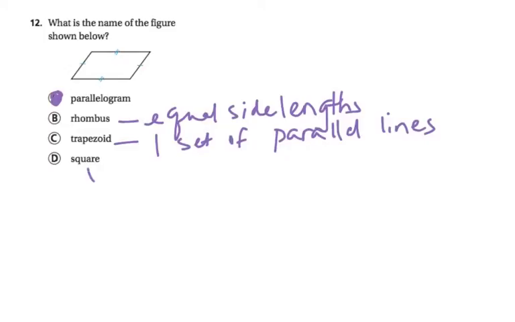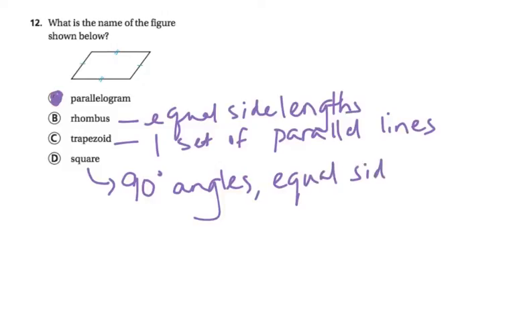And it can't be a square because it doesn't have 90-degree angles. And what else? Sides are not equal length. Okay, so parallelogram is our best answer choice.